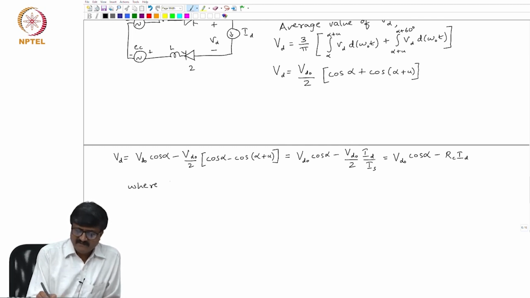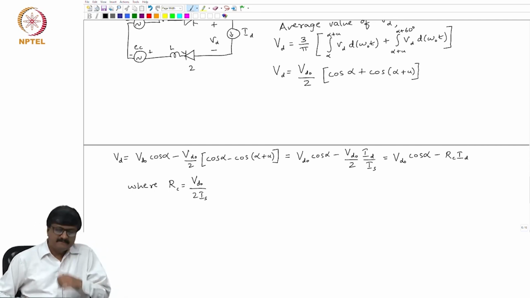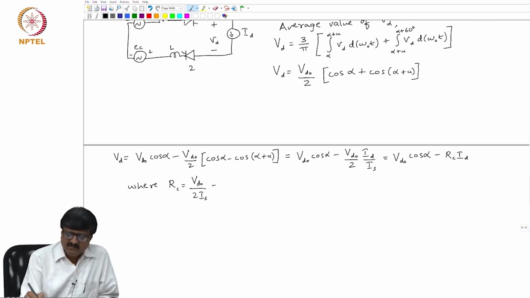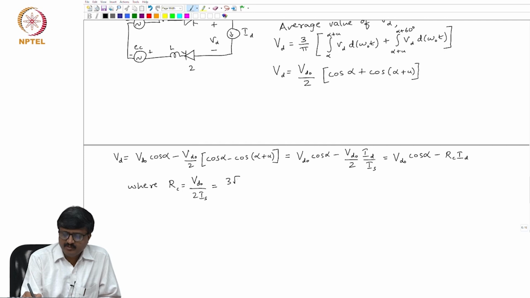Rc is defined as Vdo by 2Is. So, one can put the expression for Vdo.